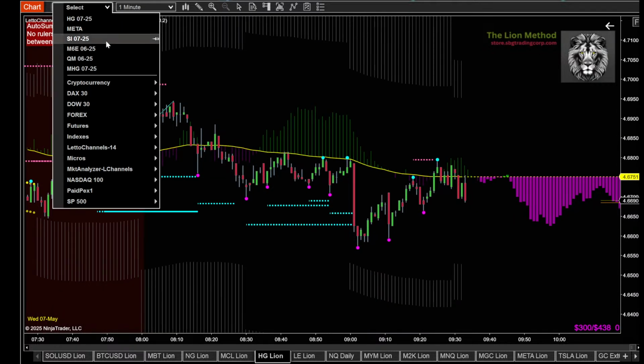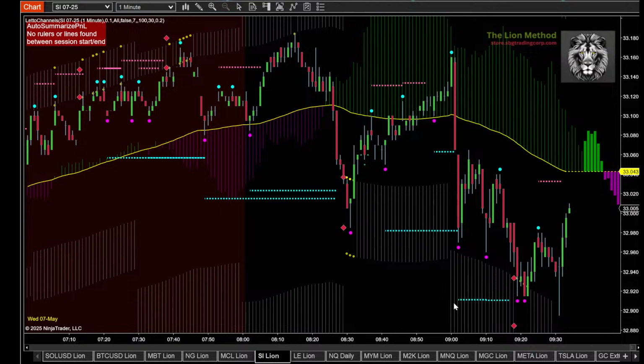I'm going to flip it over to silver. Okay, so we did have oversold in silver already, but I would not have gone long, again, because it's the other side of the 100. That doesn't interest me. This short I wouldn't have taken. We're overbought here, but I wouldn't have taken it because it's so close to the 100 again.